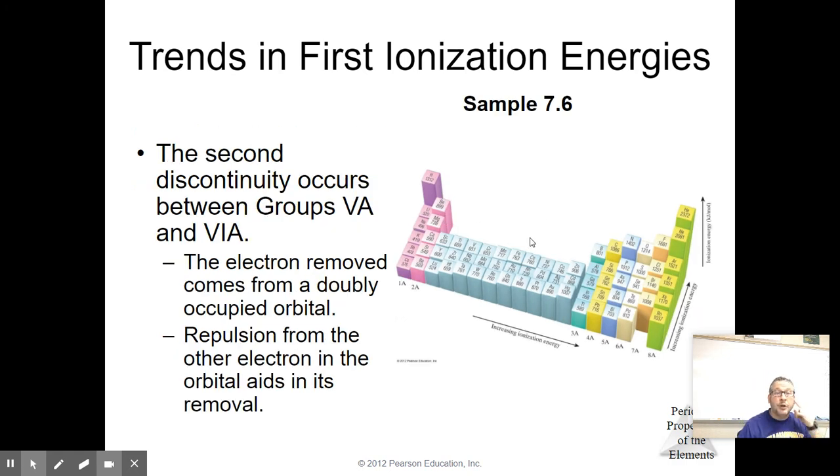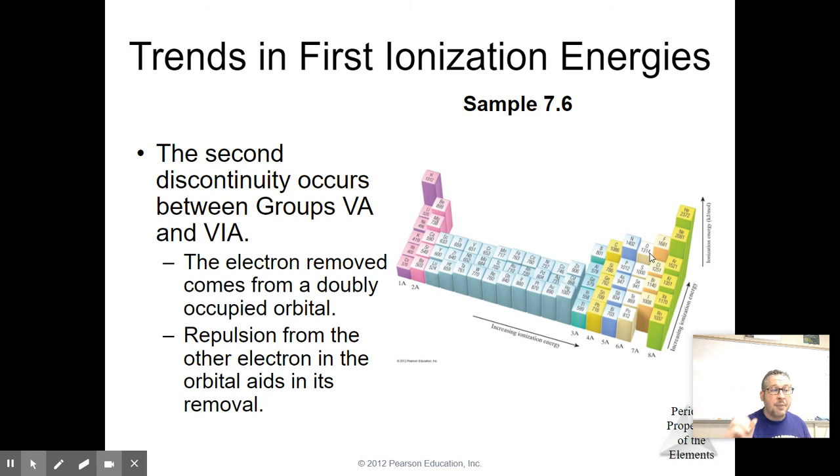The second discontinuity happens between groups 5A and 6A, so right here between where nitrogen is and where oxygen is. And this occurs because the electron removed comes from a doubly occupied orbital. Okay, in group 5A, where nitrogen is, each box in the p orbital has a single electron. But then when you get to group 6A, that first box in the p orbital is now doubled up.